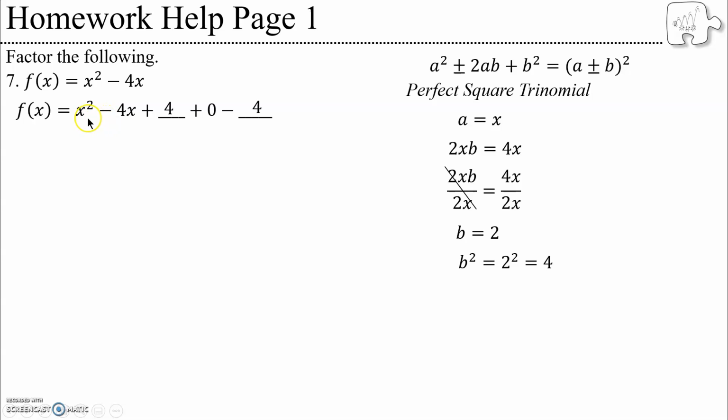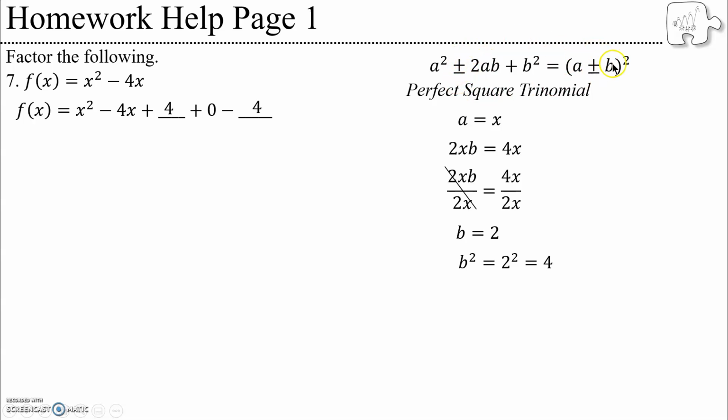So notice that the first 3 terms always make up our perfect square trinomial. So now it's in this form, a squared minus 2ab plus b squared. So we want to write it like a minus b squared. The thing to remember is that these signs are always the same.